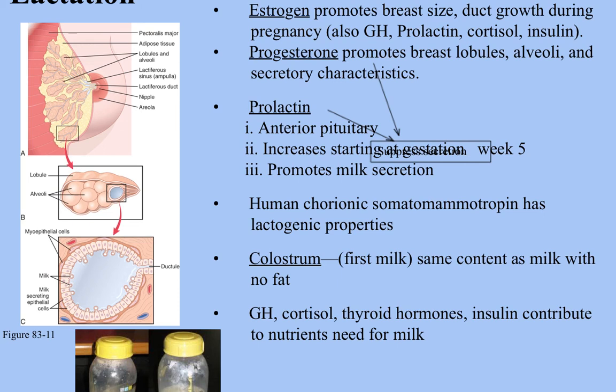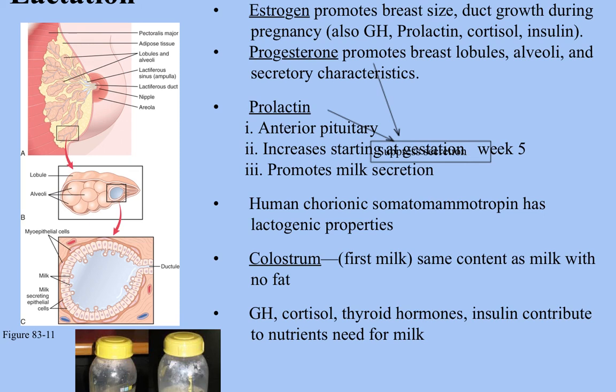So we learned before that estrogen promotes an increase in breast size and duct growth. Progesterone promotes breast lobules and alveoli, and helps with the ability to secrete milk. Estrogen and progesterone actually suppress prolactin secretion, and prolactin is the hormone that causes you to produce milk.